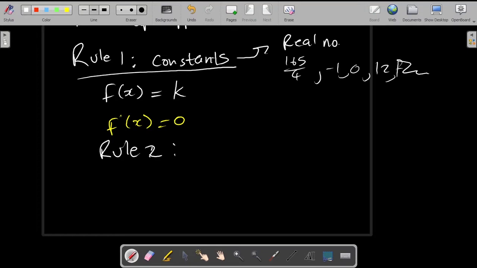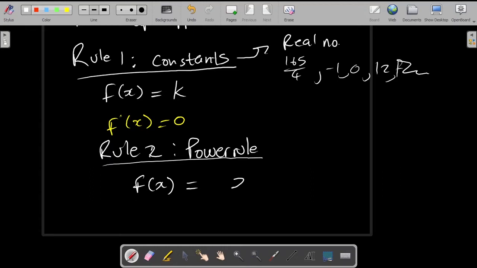Let's say rule 2 and let's call it the power rule. Now using the power rule, let's say we have a function with a variable x. Doesn't really matter, but let's only focus on having one x value. It doesn't matter what the power is, so let's call the power n, because n can take on any value.